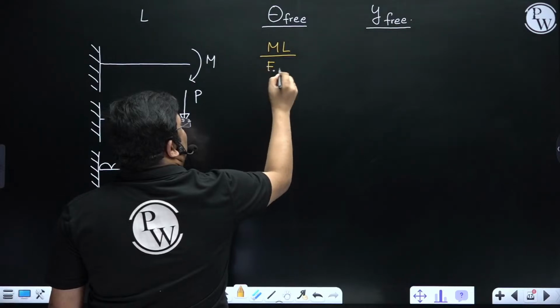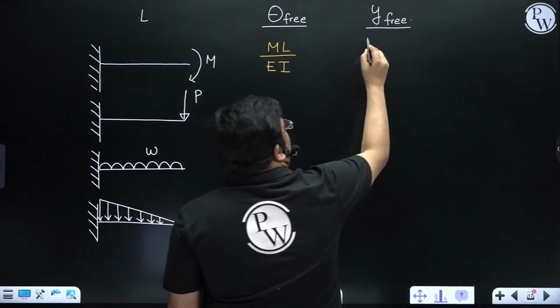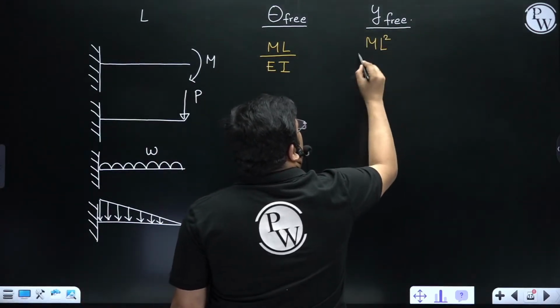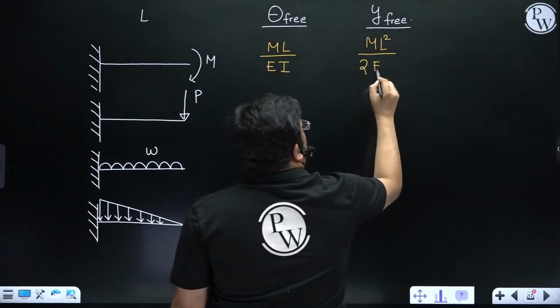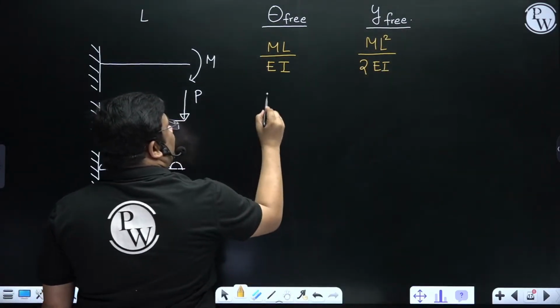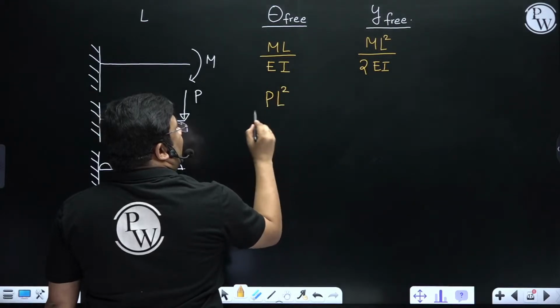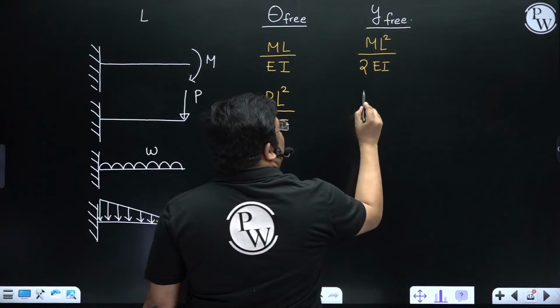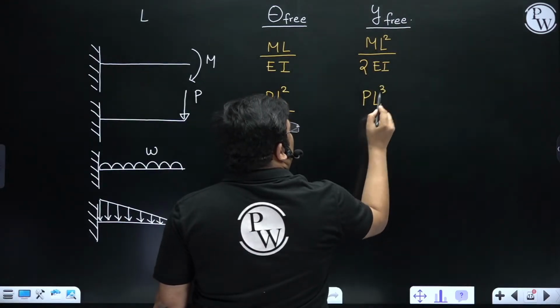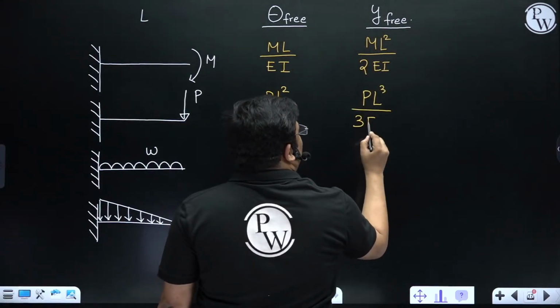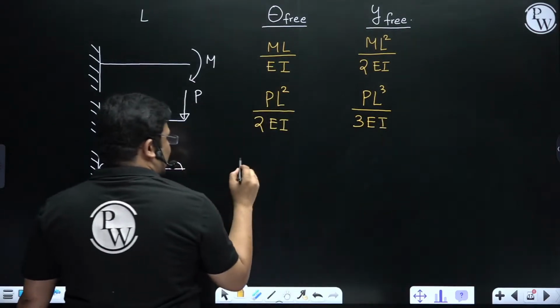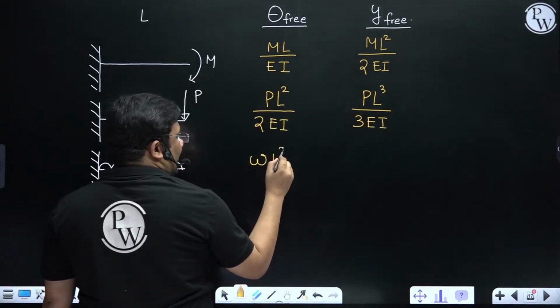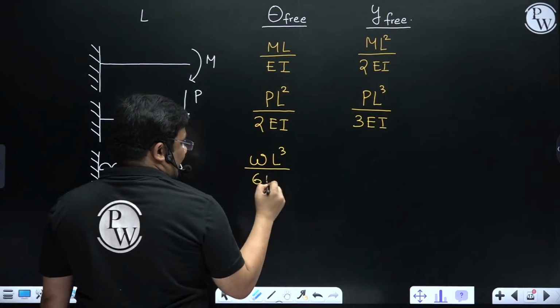I have already derived it, so I am just writing the conclusions. Here it is ml square by 2 EI. Here it was PL square by 2 EI. Here it was PL cube by 3 EI. Here it was WL cube by 6 EI.